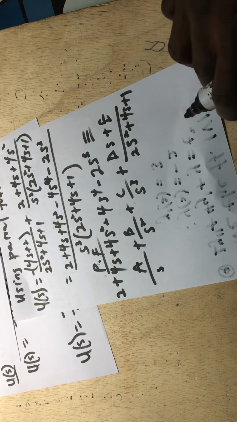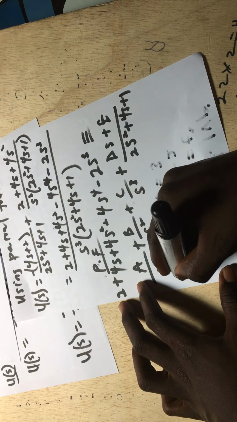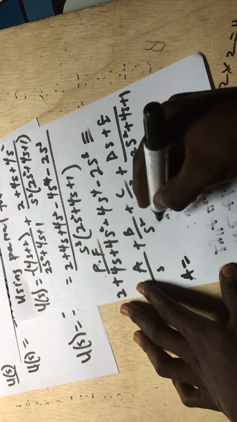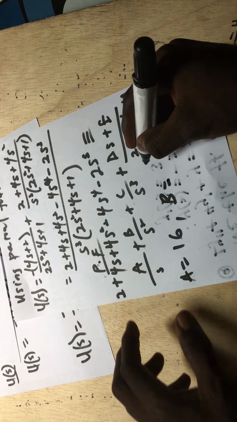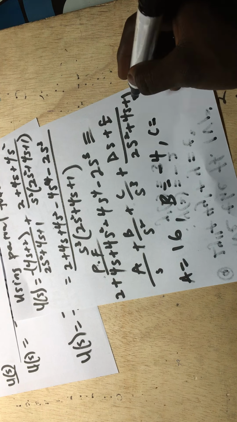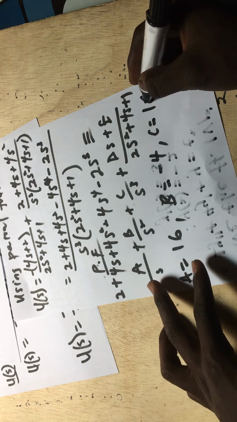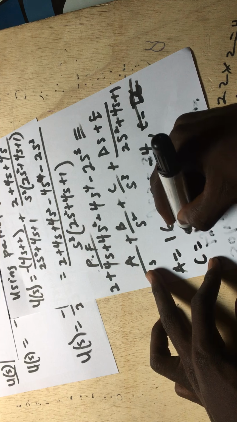Okay. So now we are going to use the normal partial fraction procedure to solve this. But I'm not going to do that. I'm just going straight to the answers. So when you do this, our A will be equal to 16. Our B will be equal to negative 4. Our C will give us 2.